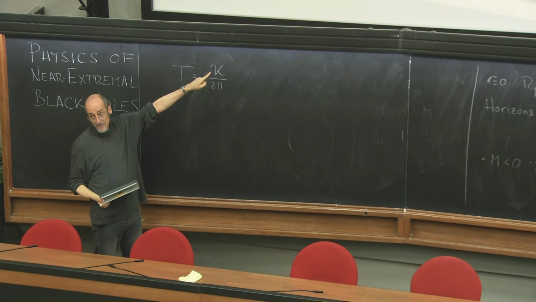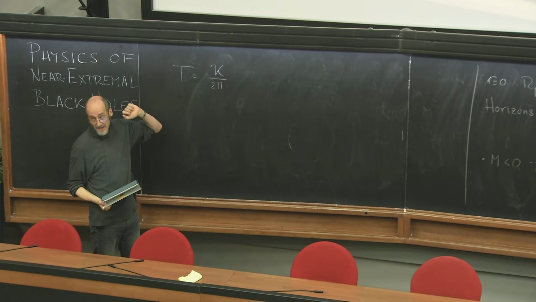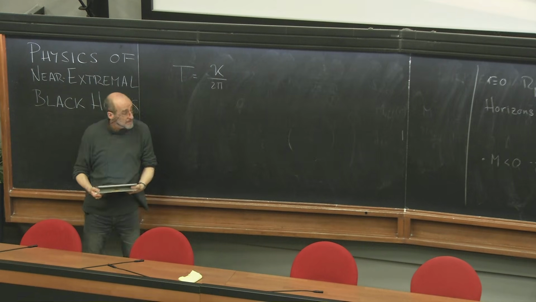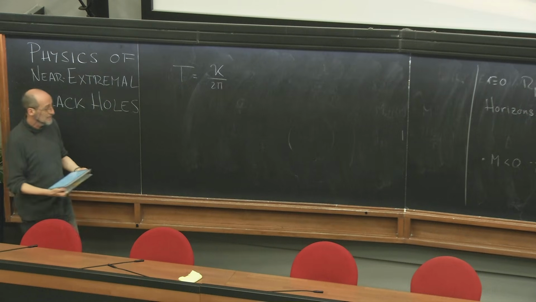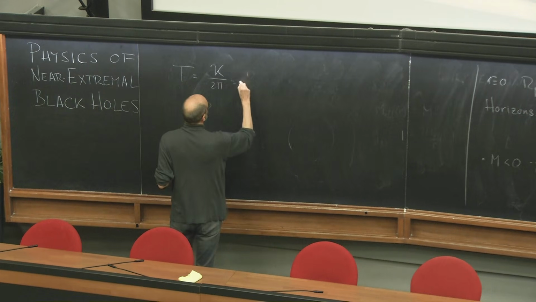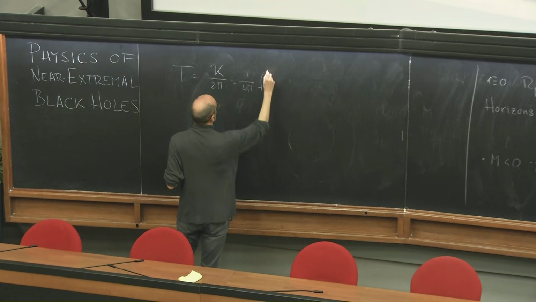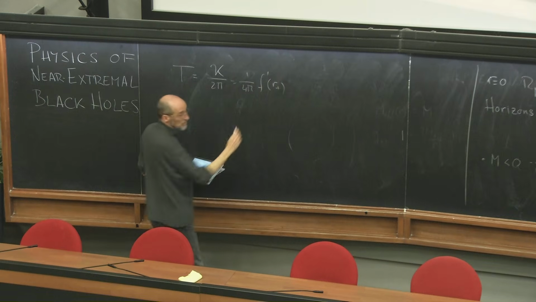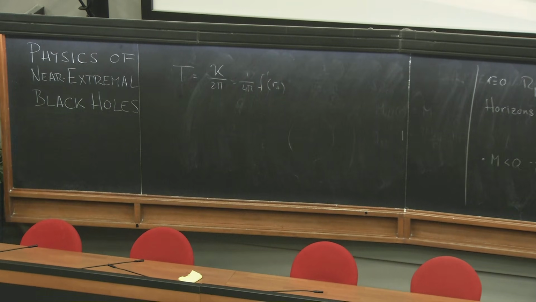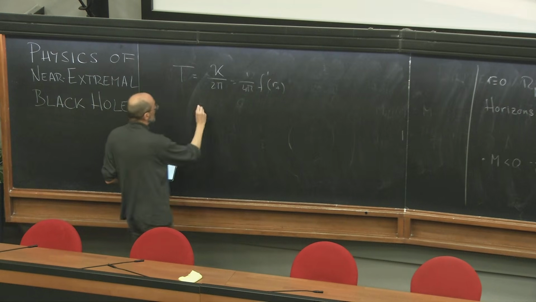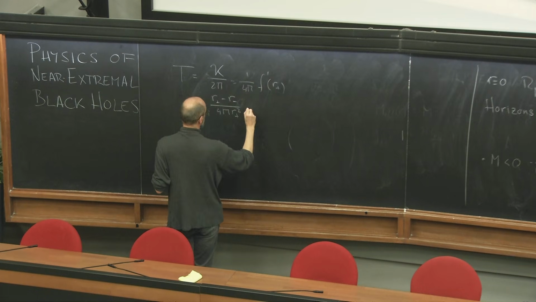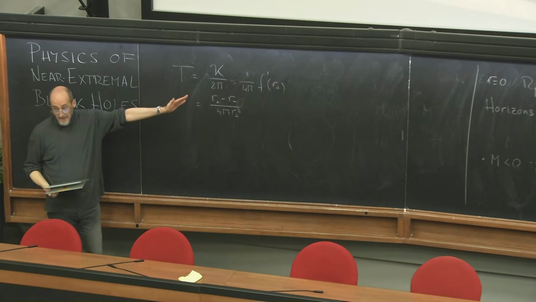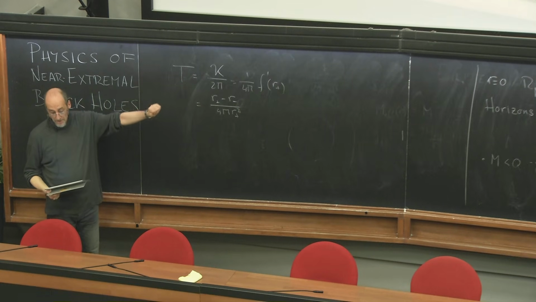You multiply it by h bar, inverse length, that's an energy, and temperature has dimensions of energy. So black holes have this temperature, and they emit radiation at this temperature, as Hawking showed. This is 1 over 4 pi F'(r), and I'm only going to consider in these lectures the outer horizon. You see that in the extremal limit, the temperature of the black hole goes to 0.